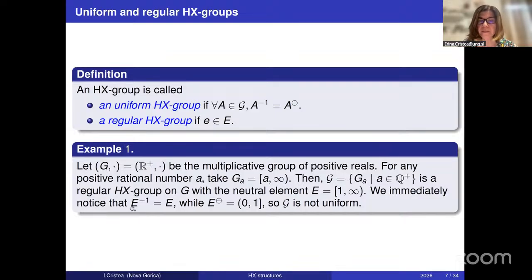And we can notice that this is a regular HX group on the initial group G, with the neutral element being the interval [1, infinity). So here we can notice that E^-1, the inverse set of E, is equal to E, while the set containing the inverses in G is (0, 1]. These two sets are not equal, so the HX group is not uniform.